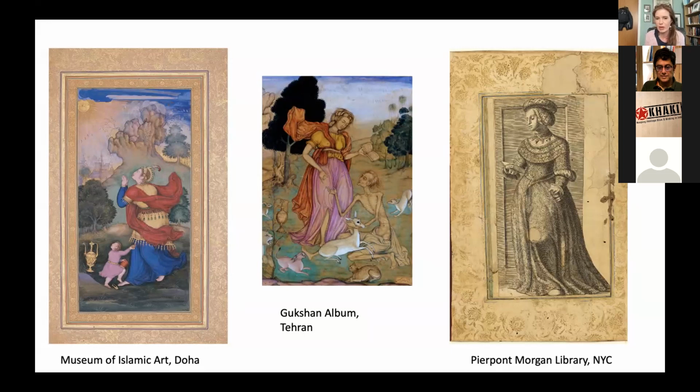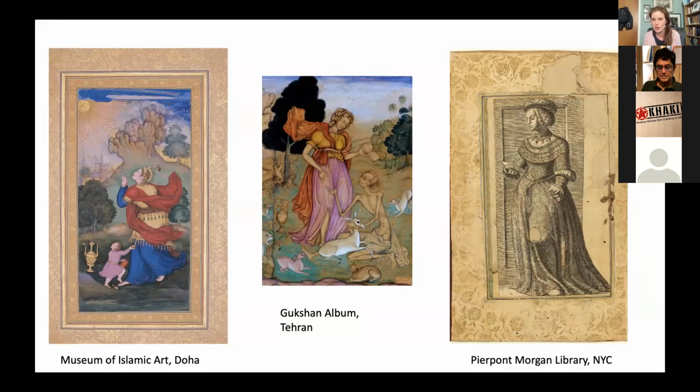There are a number in the Gulshan album, and there's also one in the Chester Beatty Library. I also put on this page this beautiful album page from the Pierpont Morgan Library, just showing how European engravings were sometimes cut out and stuck into albums. And I love the choices that have been made in this page.